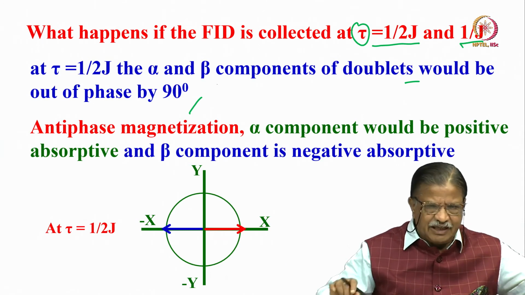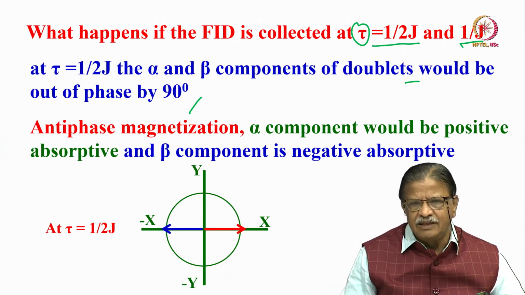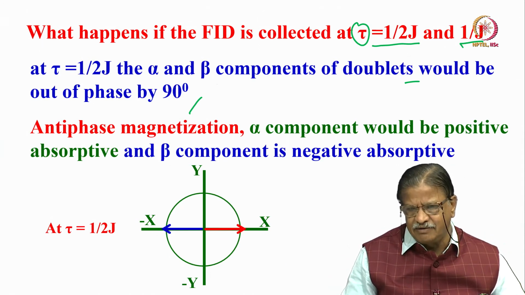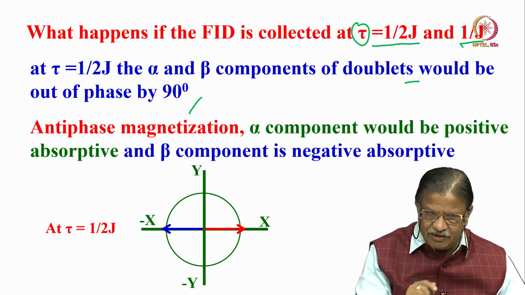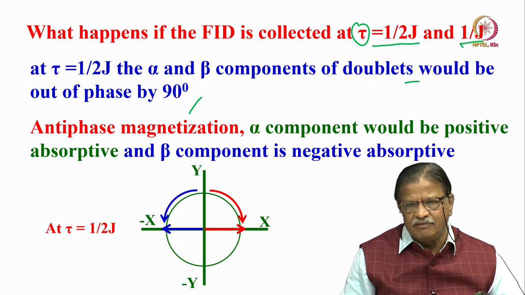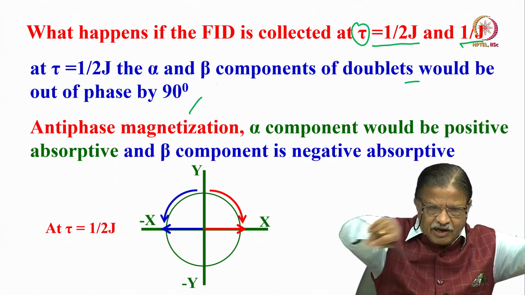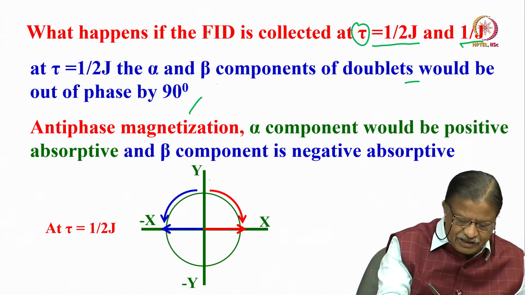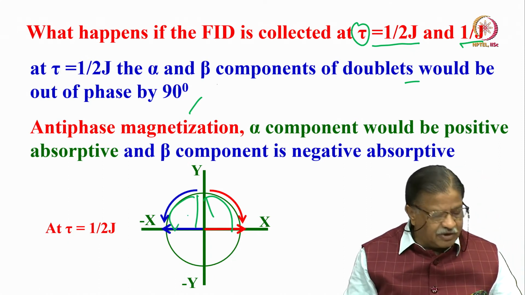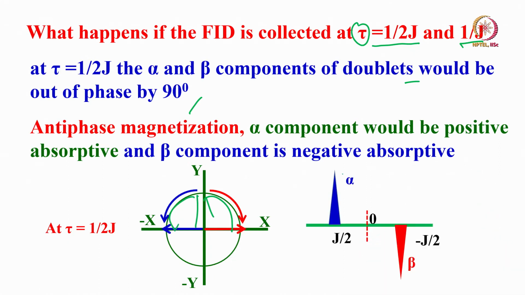One is like this, the other is like this. This is anti-phase magnetization. The alpha component would be positive and the beta component would be negative. They are moving in opposite directions. If both were like this, one moves like this, one moves like that.